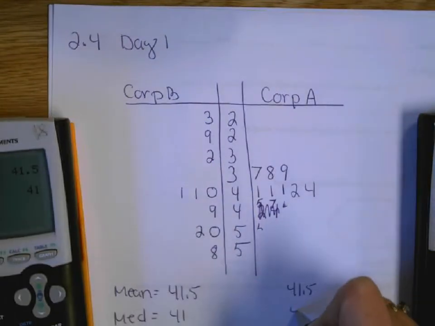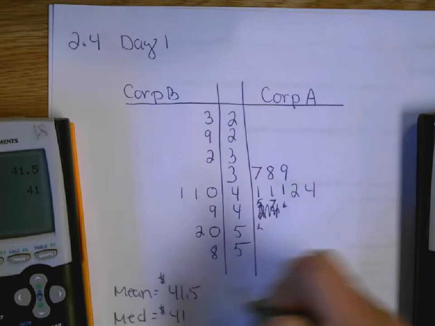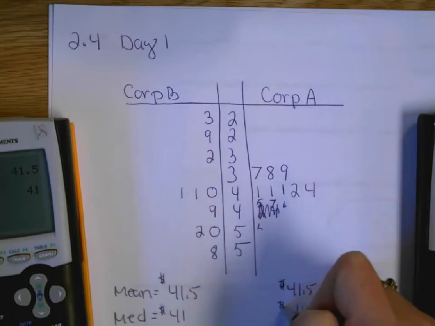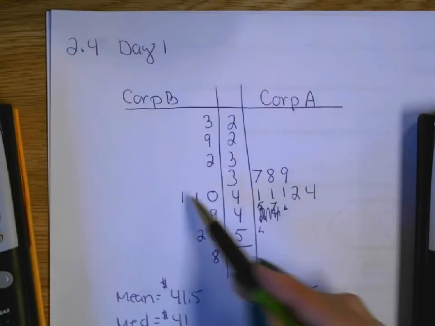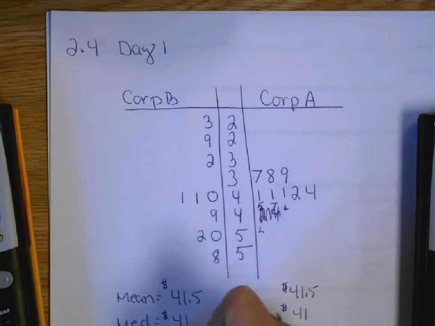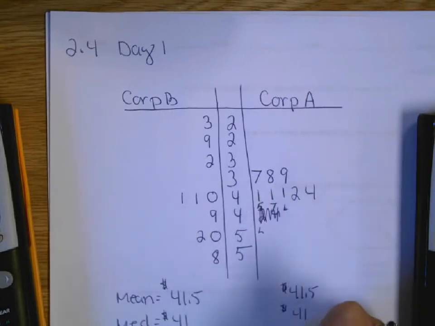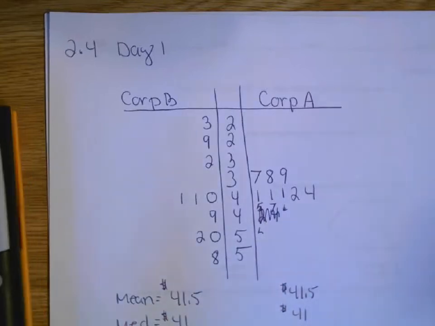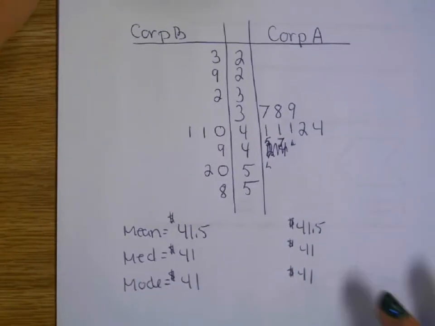Kind of very similar. And the mode salary is the one that occurs most often, and if you look, this one's got $41,000. Again, 3 41s there.